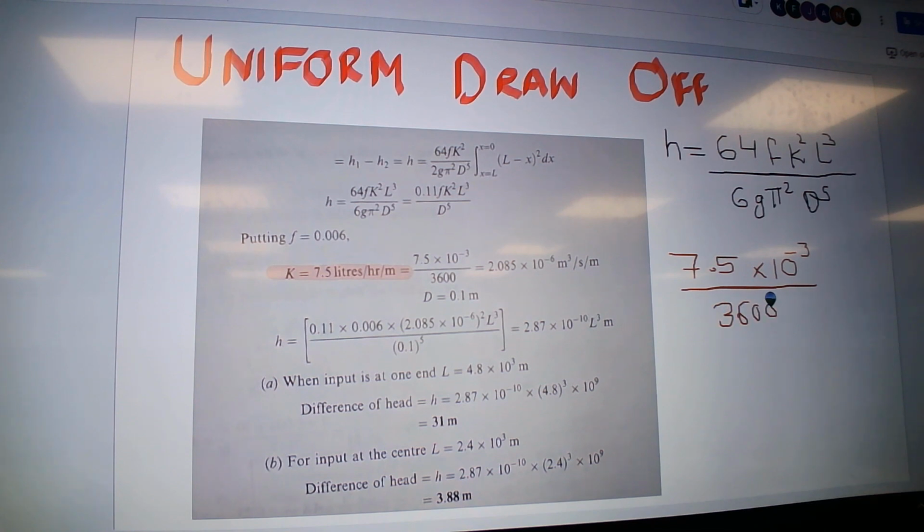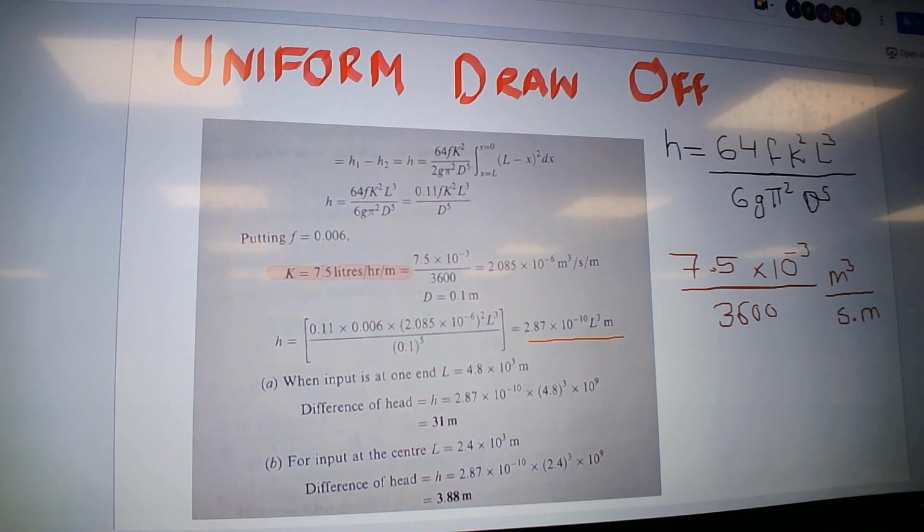That becomes meter cube per second per meter. So that's the value we'll get. Now if you want to find the h, we put that value in and we will get an answer. But do not put the value of L at that point, because L is different at every point.